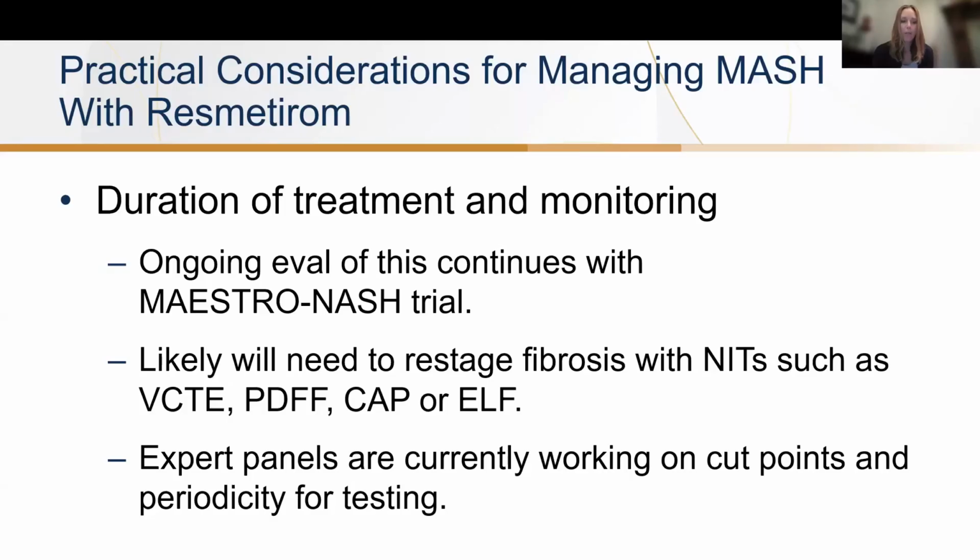The PDFF is proton density fat fraction. So it's a little bit more precise than ultrasound. It uses MRI technology. I think it's expensive and it's a little bit harder to obtain this test, at least in our area.